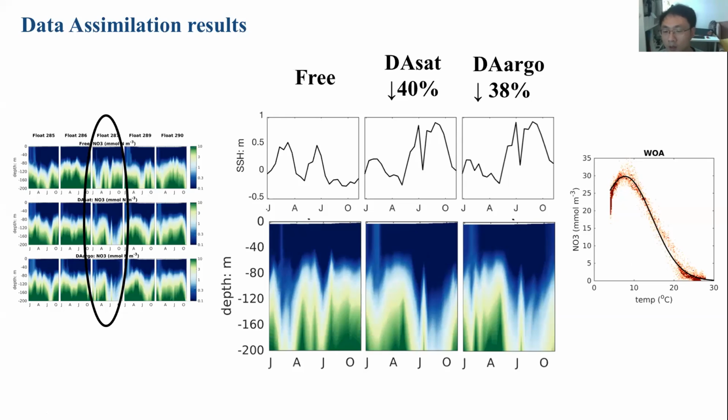We compared our model results with this regressed nitrate and found that the unbiased root mean square errors for the nitrate within this float were reduced by about 40%. If we take all of these 5 BGC ARGO floats into account, then the overall relative improvement is about 30%.